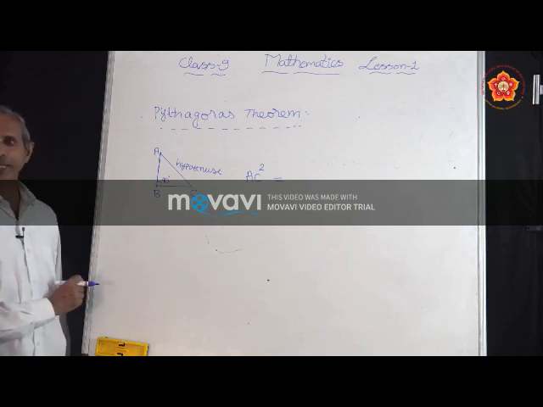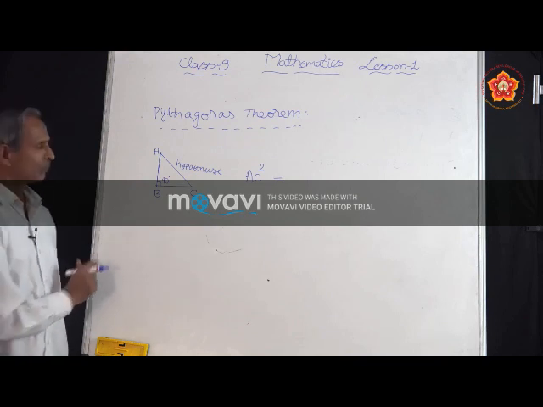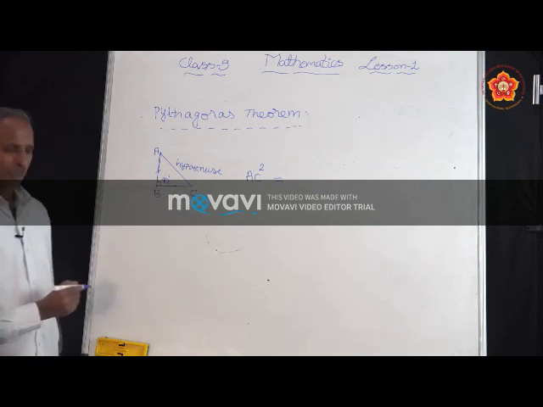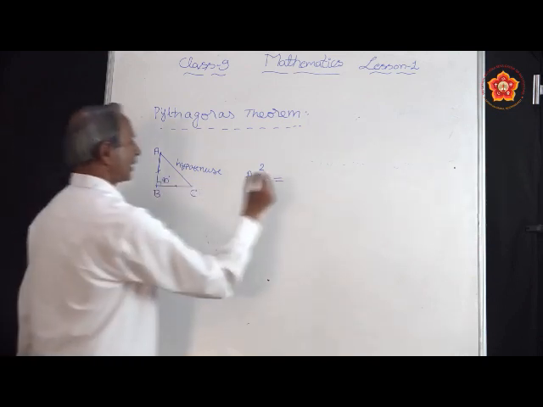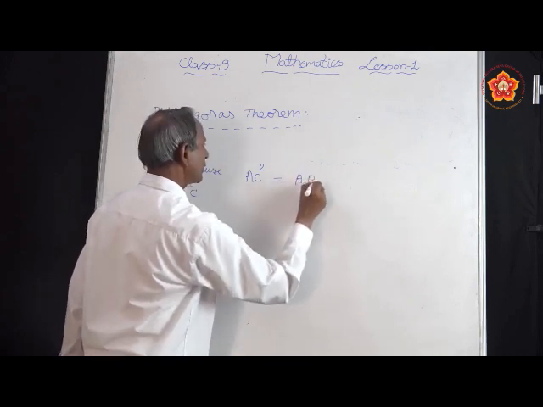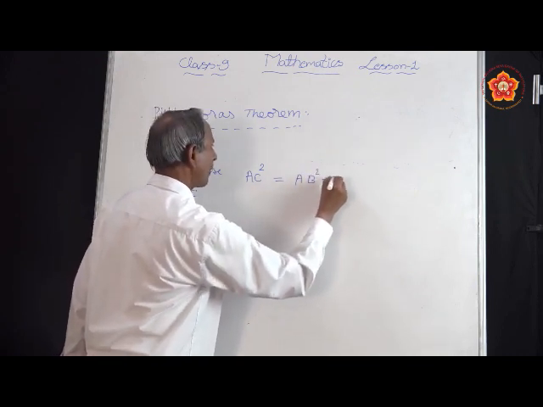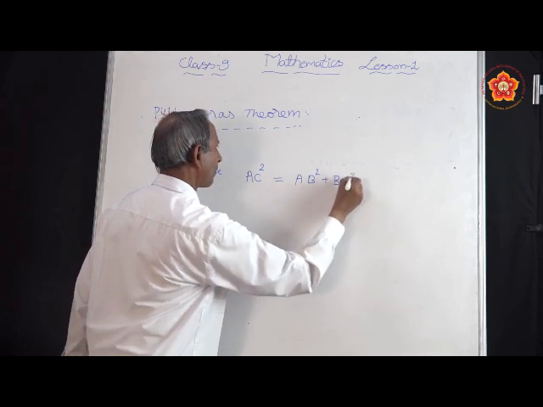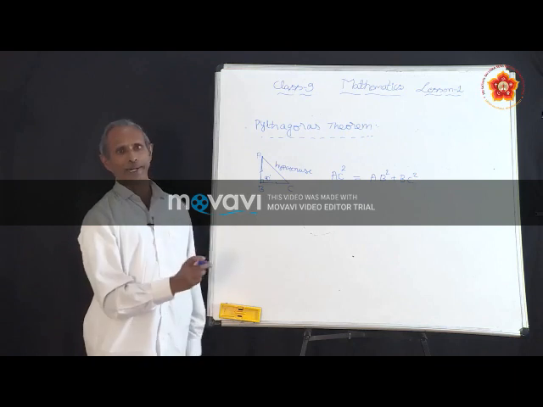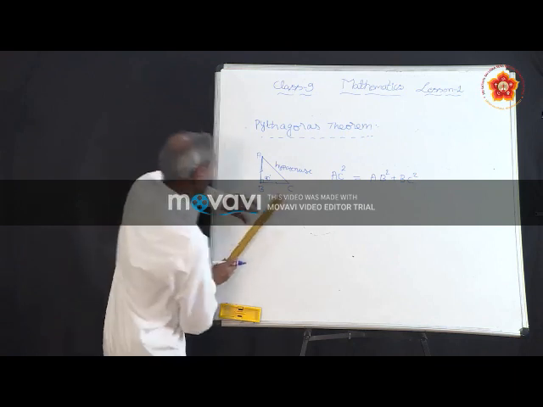Which are the two remaining sides? One is AB, another one is BC. Therefore, according to the theorem, you should write it as AB square plus BC square. Understood?